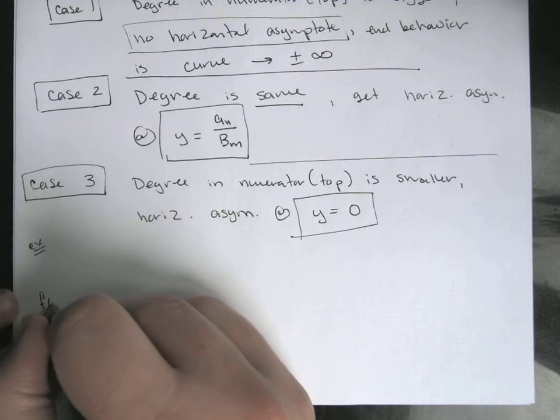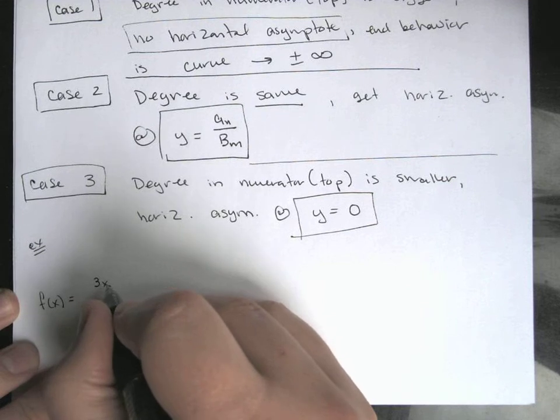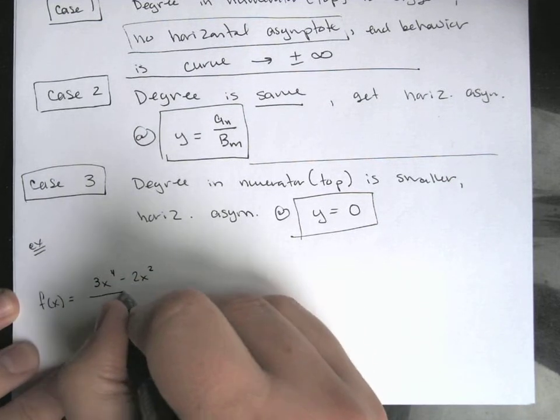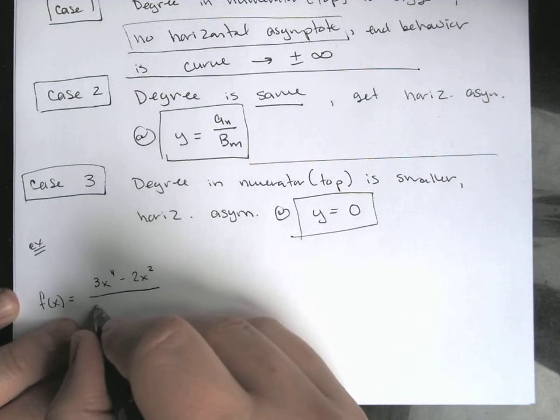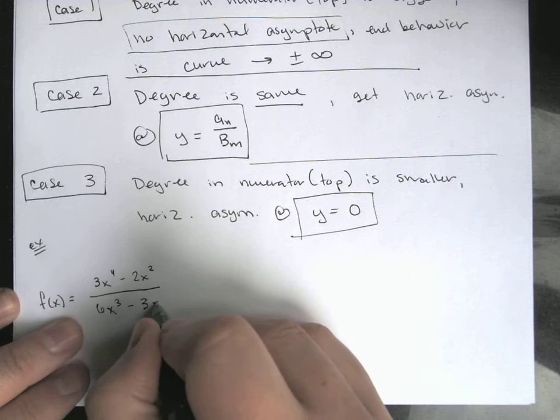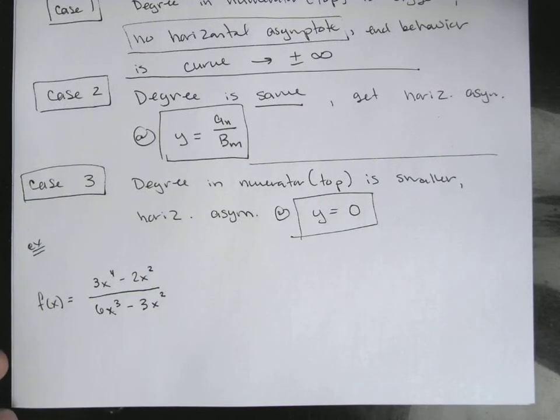So let's say example number 1, f of x is 3x to the 4 minus 2x squared over 6x cubed minus 3x squared. I'm just going to keep these short.